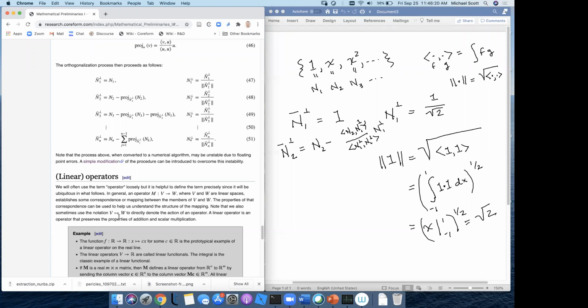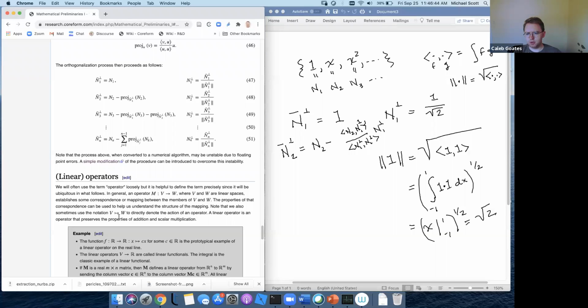So if you substitute the definition of N1 into what Dr. Scott wrote there, and then simplify it so that it's in terms of N1 bar, you will get what Dr. Scott wrote in the notes, because there's 2 on the top and 2 on the bottom, and the square root 2's will cancel out.